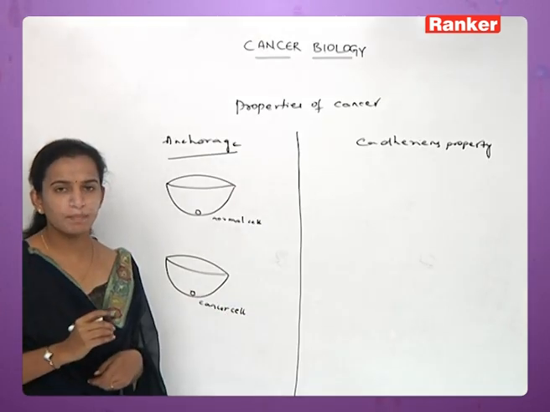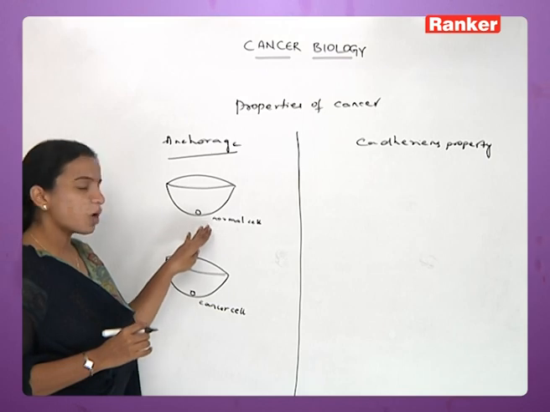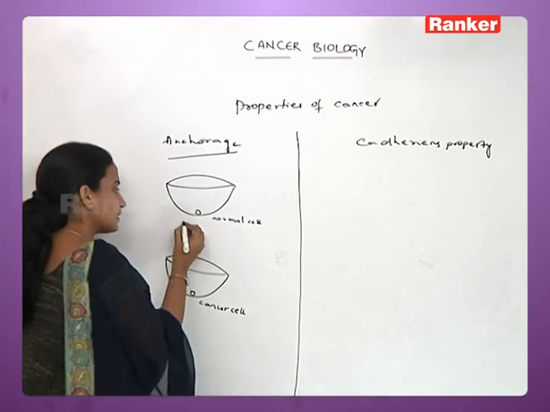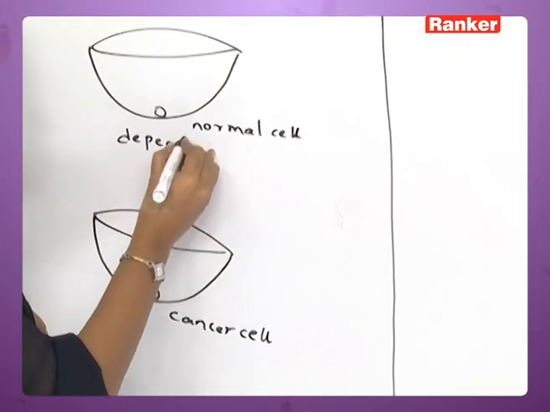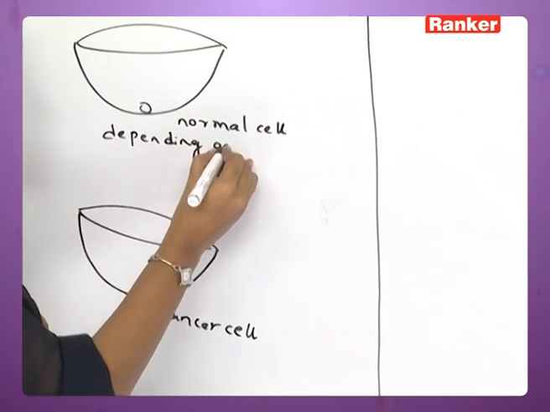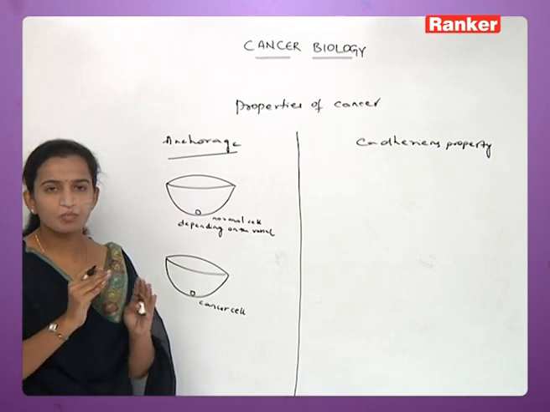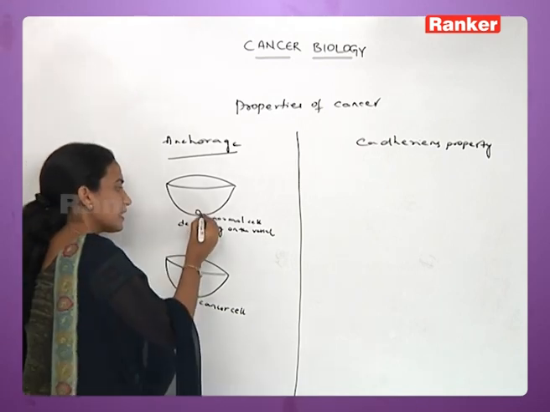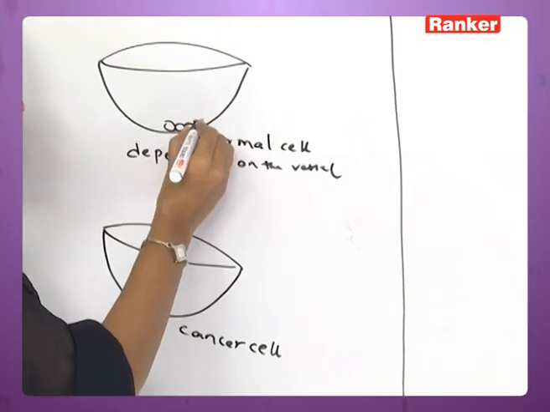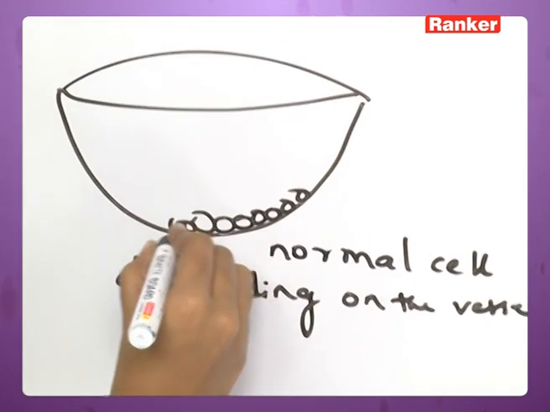What is happening here is that the normal cell is depending on the vessel. It's not moving away from the vessel; it is growing or dividing while holding to the vessel.